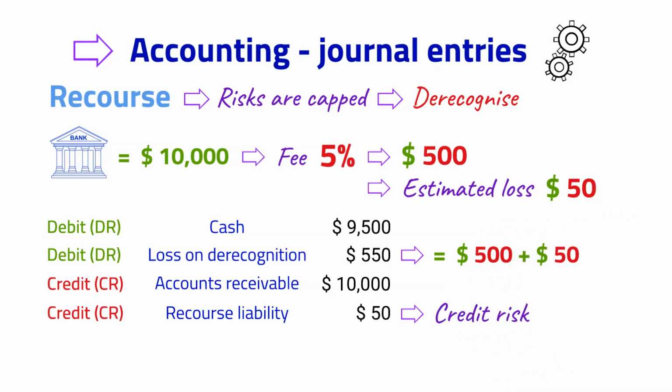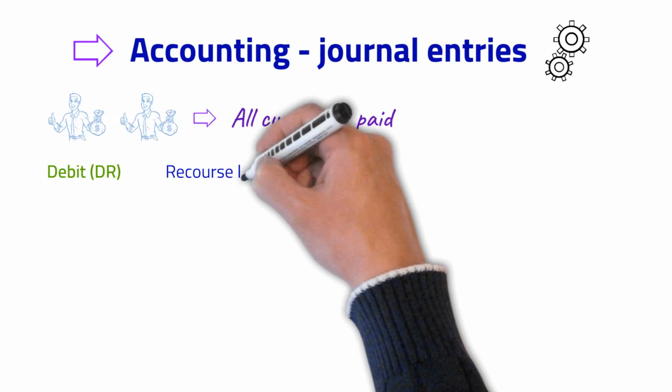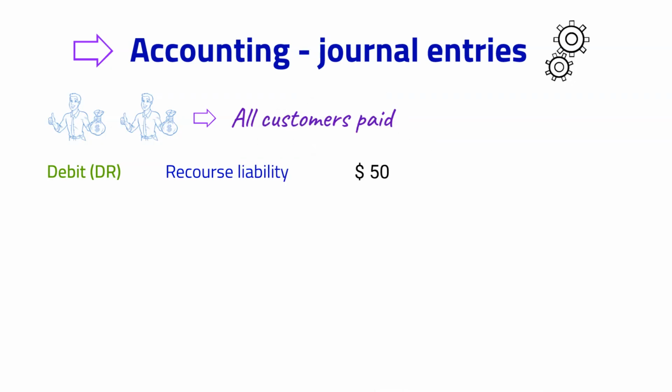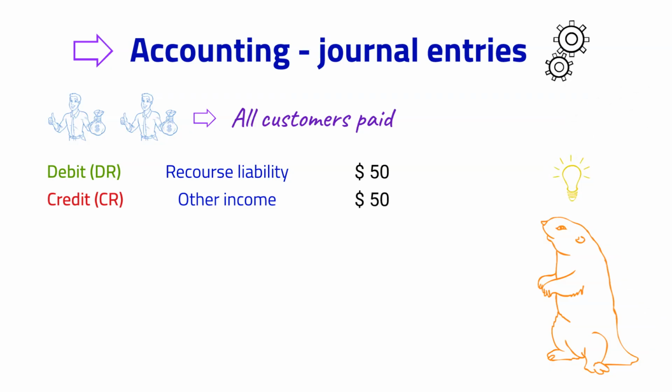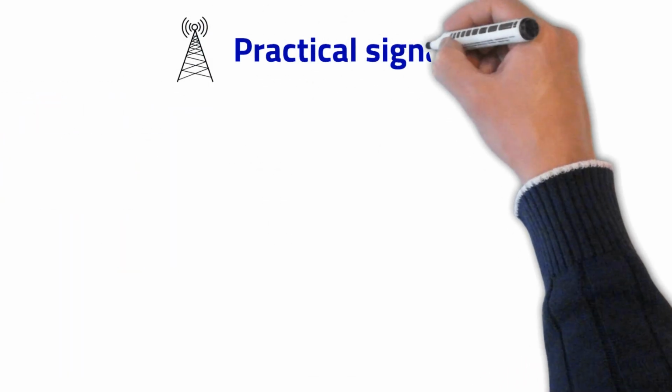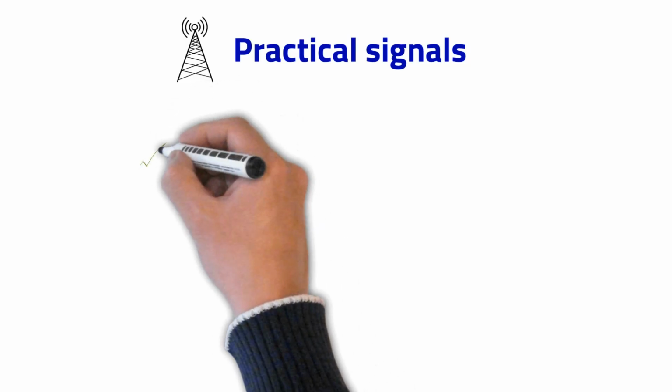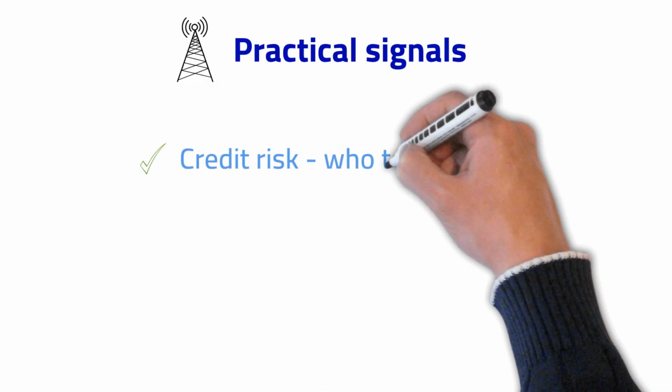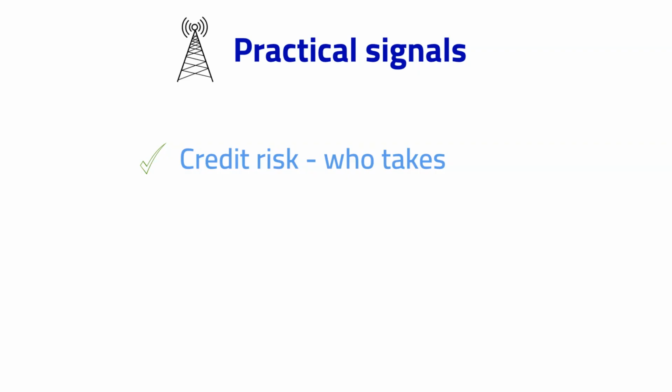If the customer pays, the reserve is released and the recourse liability is reversed to income. Debit recourse liability $50, credit other income $50. Your final gain or loss depends on collections. So, here are 3 practical signals to check for the recognition of receivables. Credit risk. Who takes the loss if the customer never pays?